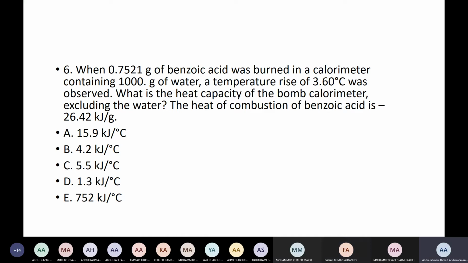Okay, when 0.7521 gram of benzoic acid was burned in a calorimeter containing 1,000 gram of water, the temperature rose 3.60. What's Q of water? 1,000 times 4.184 multiplied by 3.6.